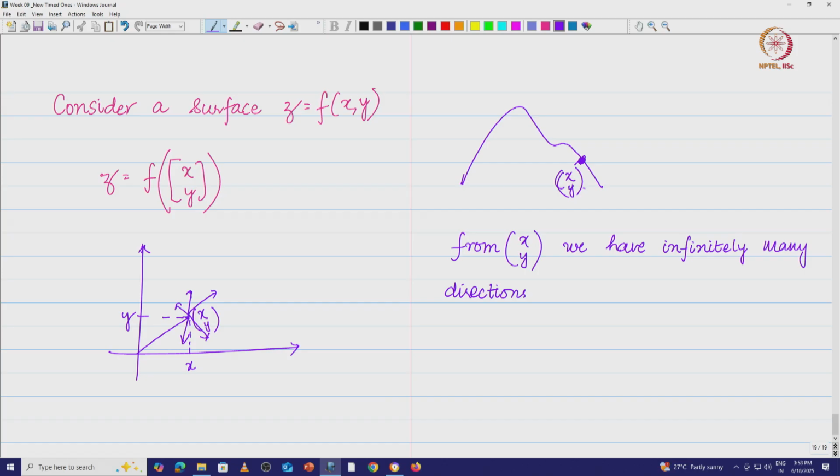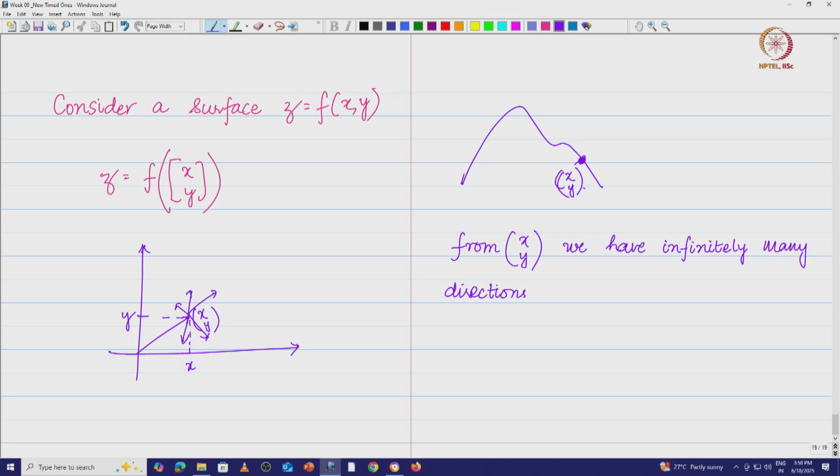In some places it could be flat, in some direction it could be steep, in some direction it could be a slow growing function. You have slopes in all these directions. That is one thing which we need to really understand.